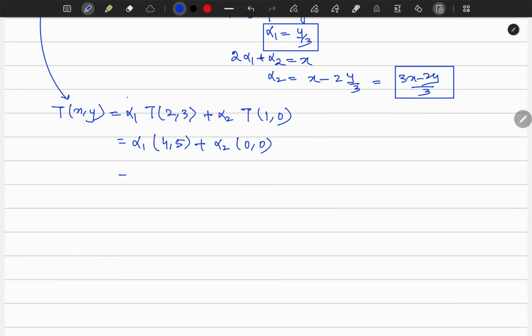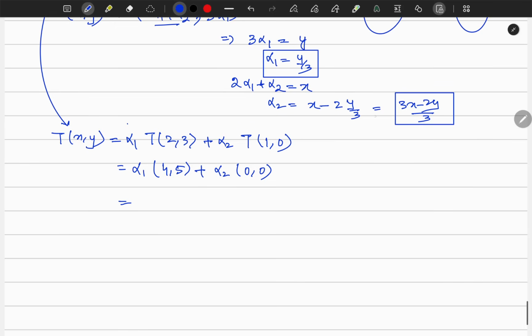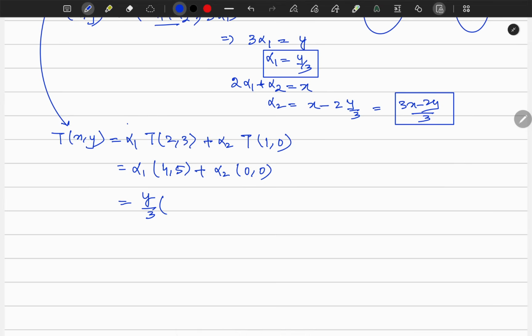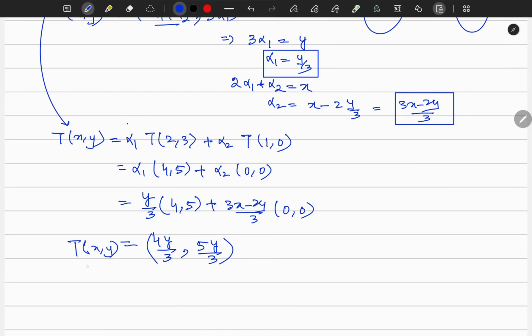Put the value of alpha 1, y by 3, times (4 comma 5), plus alpha 2, (3x minus 2y) by 3, multiplied by (0 comma 0). So that is (4y by 3 comma 5y by 3), that is T of (x comma y). So this is your linear transformation.